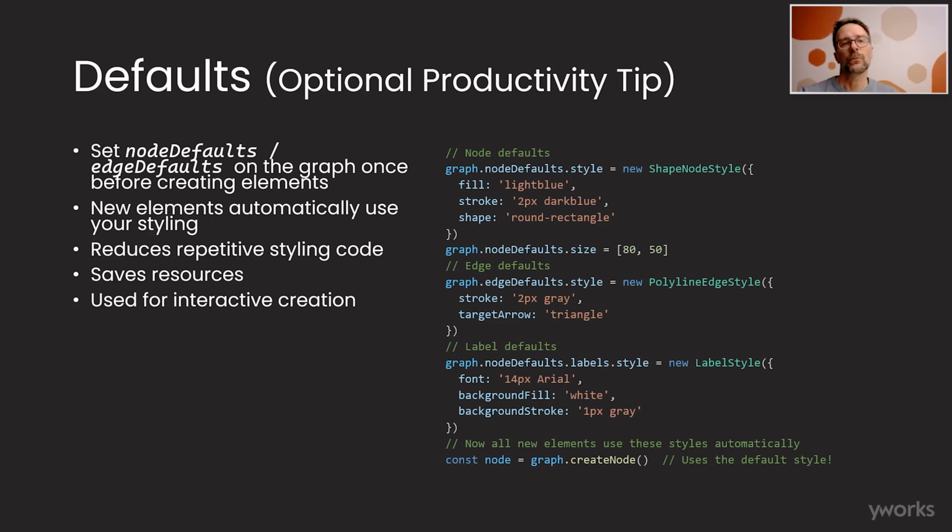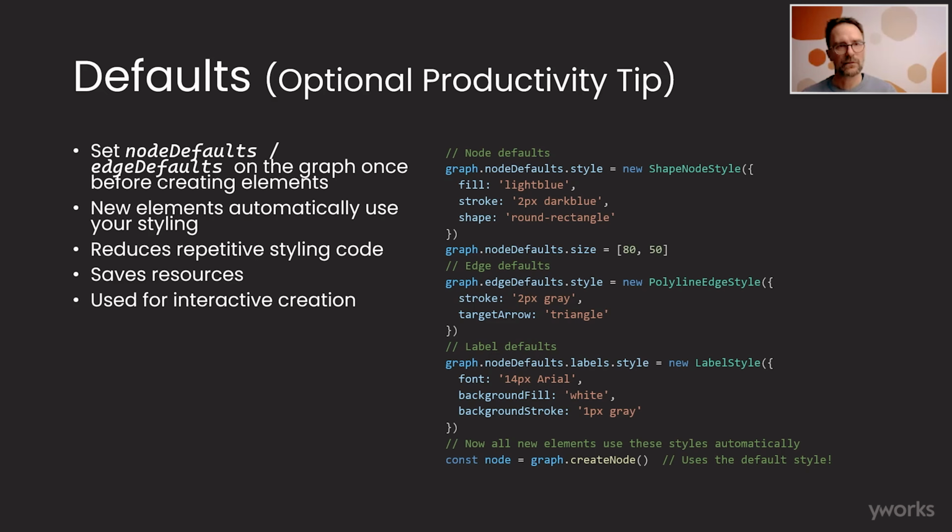And these will be used whenever you don't specify the style explicitly. As I told you before, there are optional parameters, and if you omit these parameters and don't specify a value, the defaults will be used instead. This happens at creation time, meaning that at the moment you call create node, the defaults are fetched, but this doesn't happen retroactively. So if you change the defaults after you created the graph, it will not change.